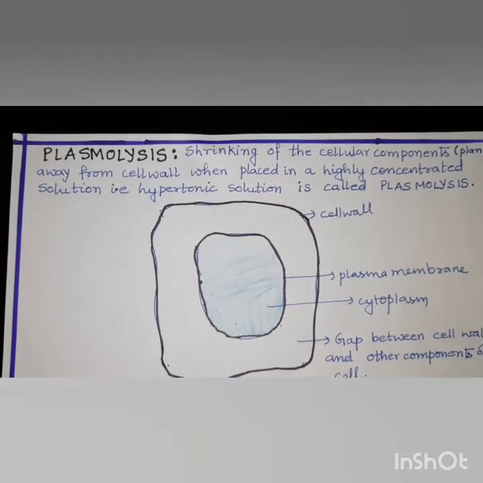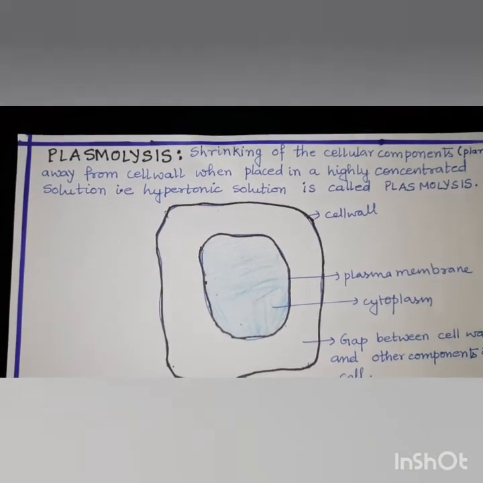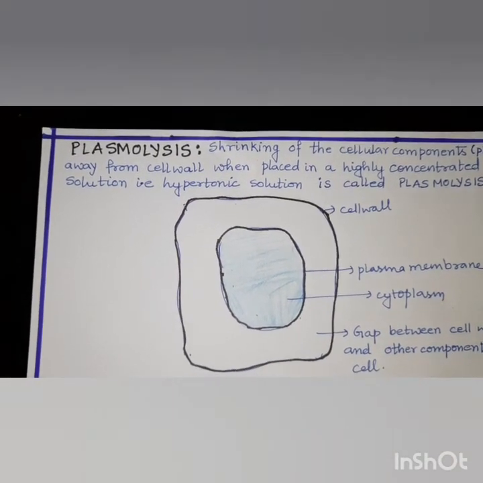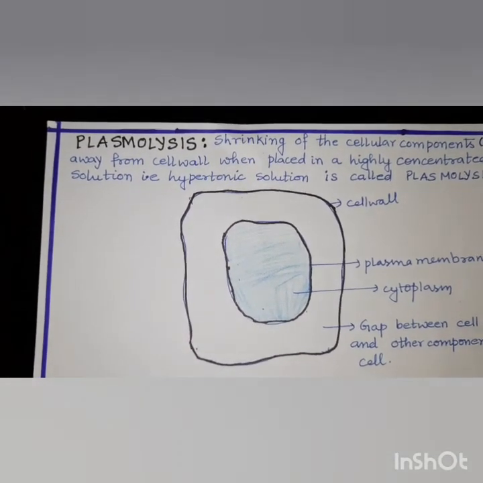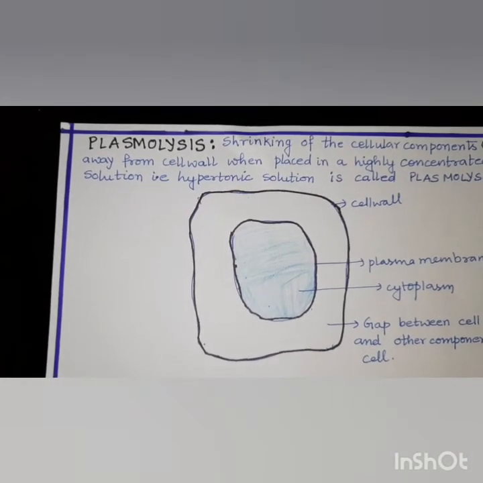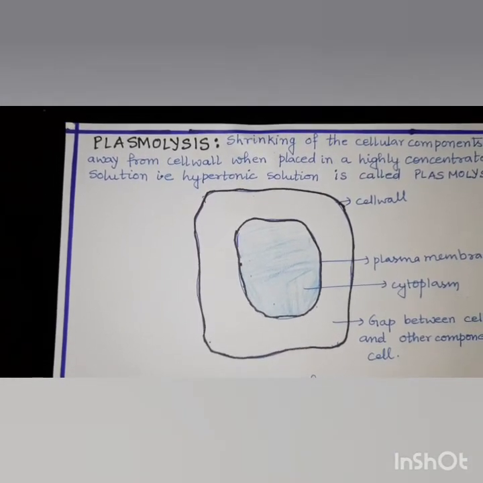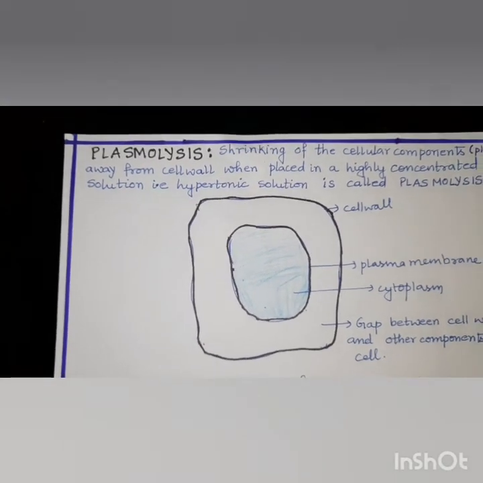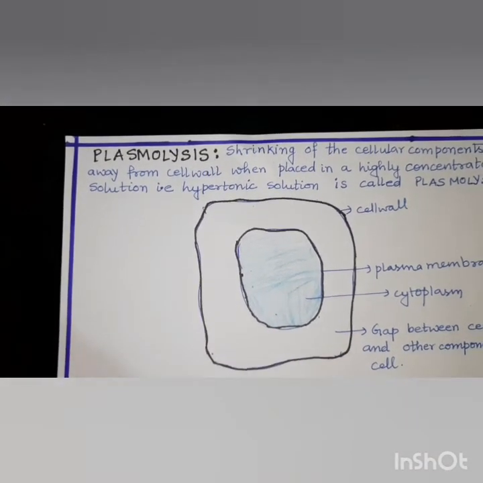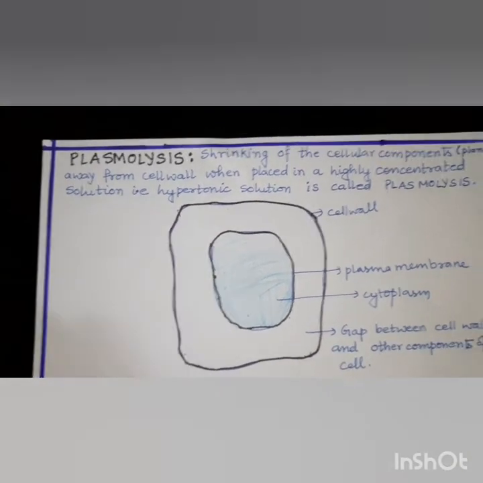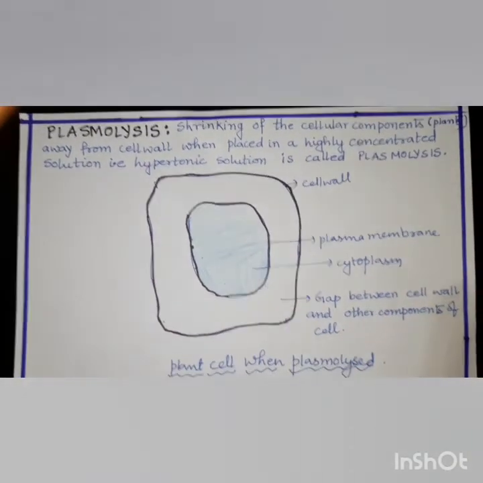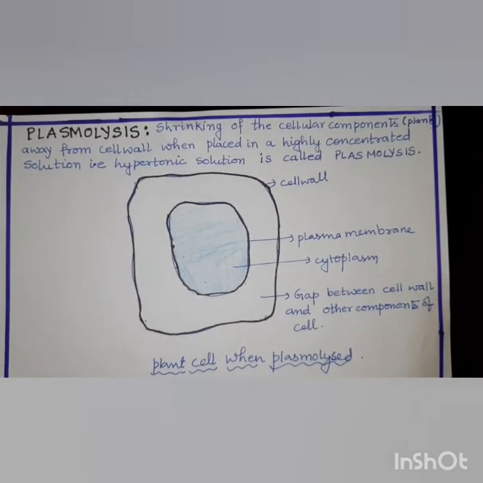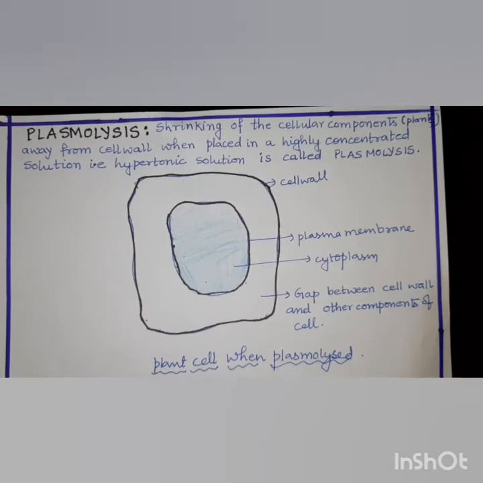Whereas if the same process of losing water happens in an animal cell, it is called crenation. Since crenation is not discussed in the NCERT book of class 9, I have also not discussed it in my video. But for you to know, I have just mentioned it in a point.